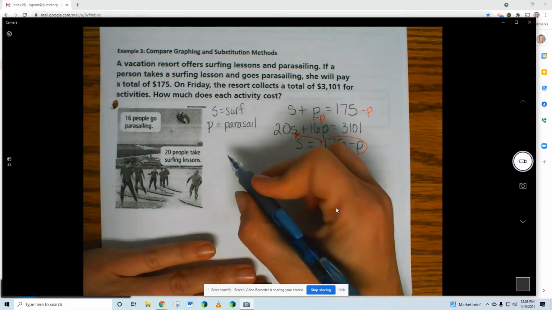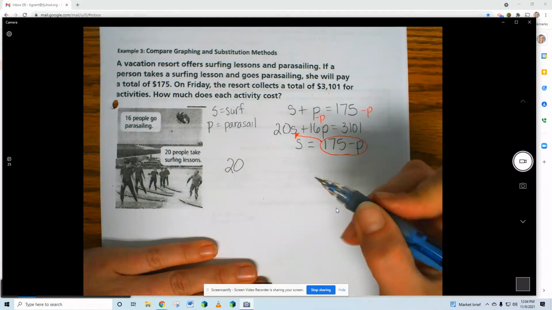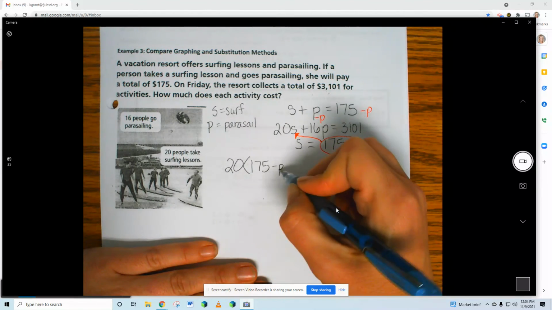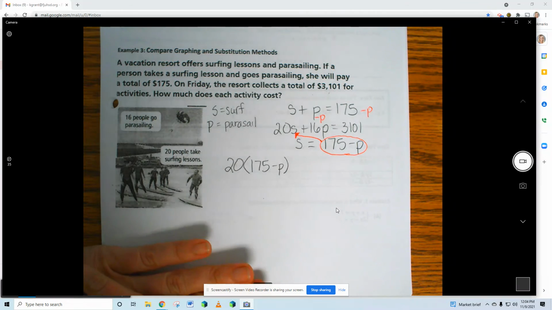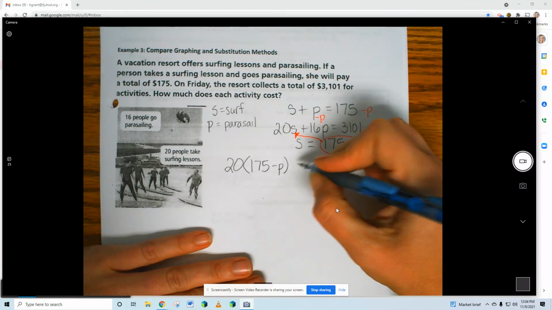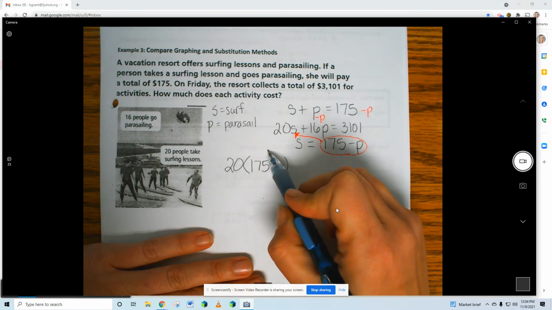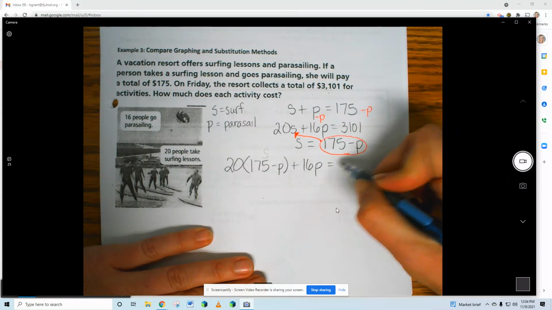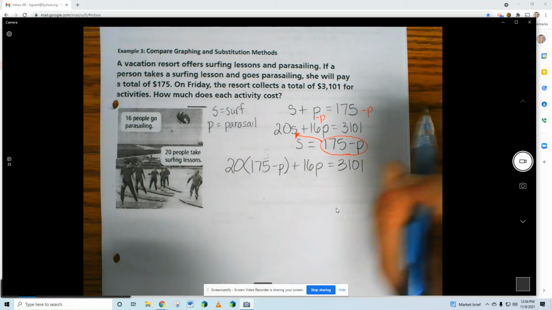I'm going to put 20 times 175 minus P, plus 16P equals $3,101.